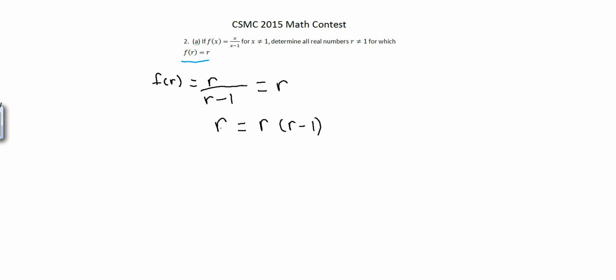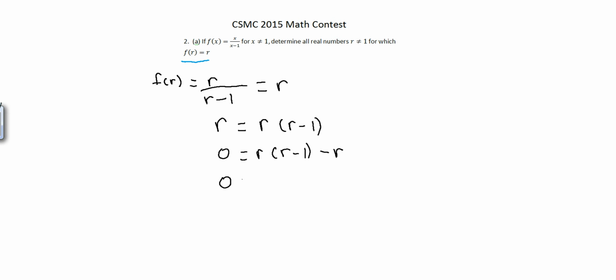And now I see I might be able to get a common factor r if I subtract r from both sides. So I get 0 equals r times r minus 1 minus r. And yep, there's our common factor. I see an r in this first term, I see an r in the last term.